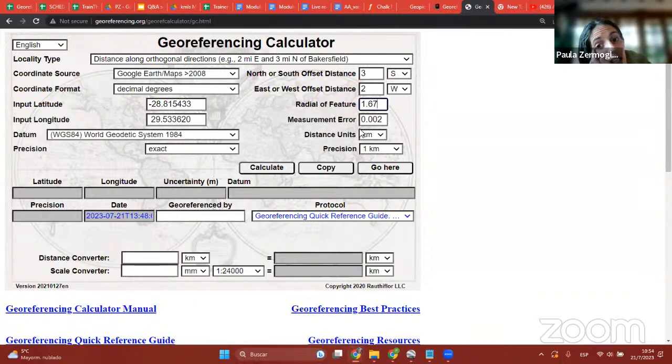We have our measurement error in kilometers, the unit kilometers, the precision kilometers. So we calculate. And we get this uncertainty. So now the question is, what is the factor that is mostly contributing to this uncertainty?